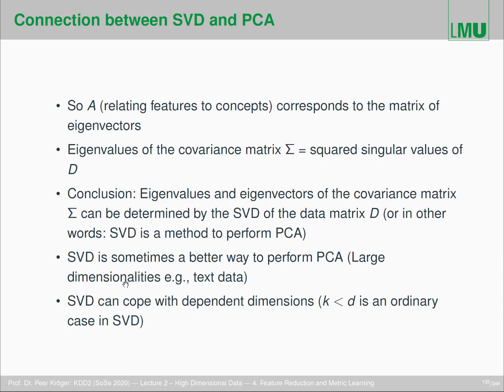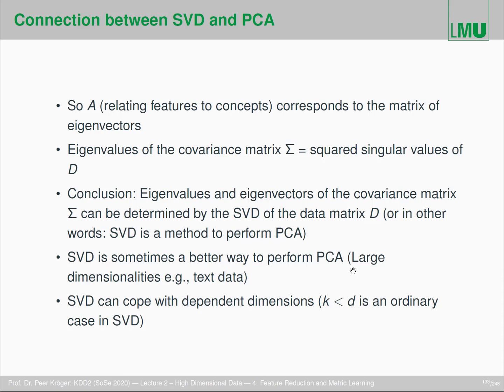Okay, so why is SVD good? Well, SVD is sometimes a better way to perform PCA, especially if you have large dimensionalities. In that case, the numerical algorithms we talked about before, and saw in action in the previous section, may be challenged.